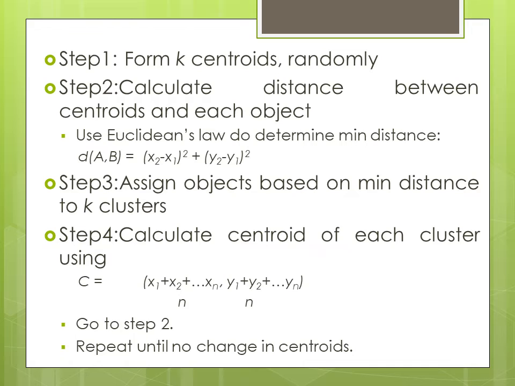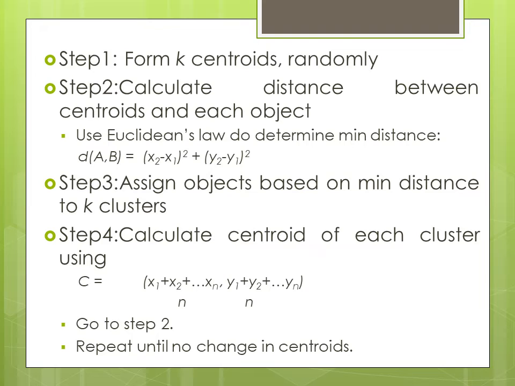So the very first step here is to choose randomly the centroids or the mean values for your cluster. The second step is the most important step. Here you have to calculate the distance between the mean values that you have chosen and each object in the data set. Now the question is, how do we calculate this distance?